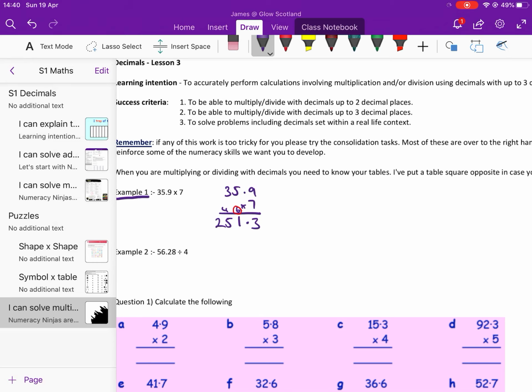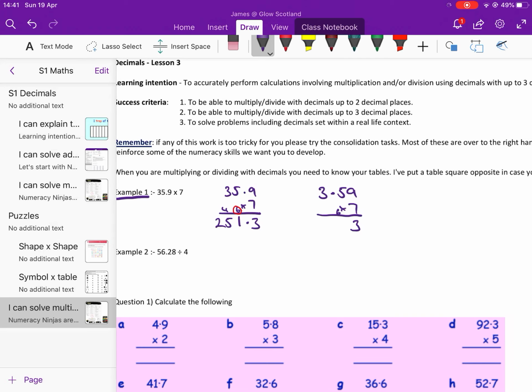Just going to show you, what if I change the position of the point a little bit and slip all the numbers down a slot in their place value? So what if I do 3.59 times 7? Now, in theory, I might have made that harder. That's now got 2 decimal places, but the strategy is exactly the same. We still do 7 times 9, which is still 63.